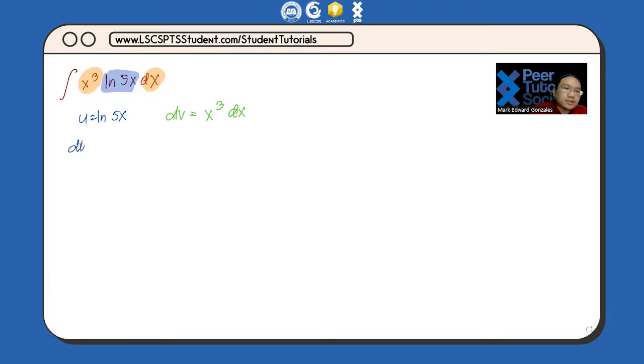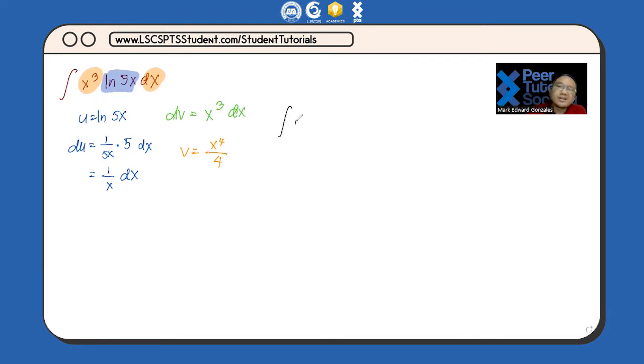So that would mean that du will be equal to, using the chain rule, 1 over 5x multiplied by 5 dx, which would mean that this is just equal to 1 over x dx. And then for this one, we integrate x cubed using the power rule, we get x raised to 4 over 4. We proceed to the usual integration by parts.